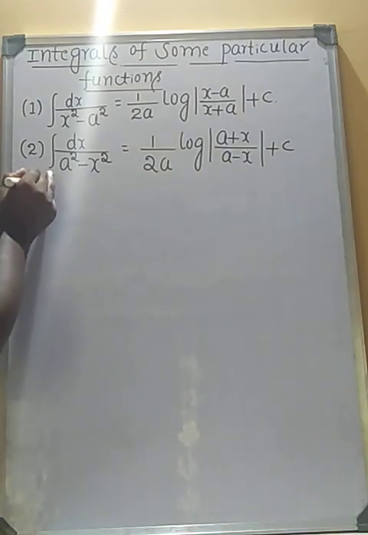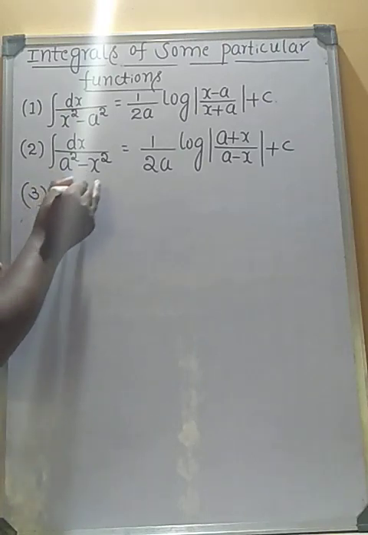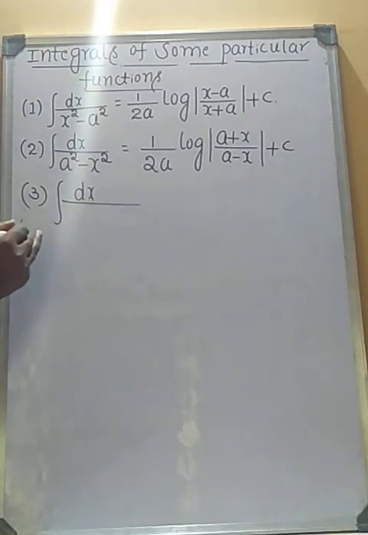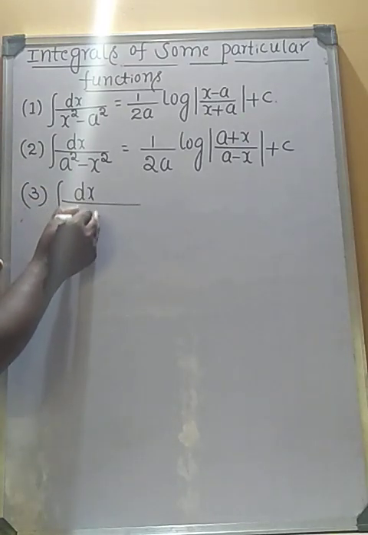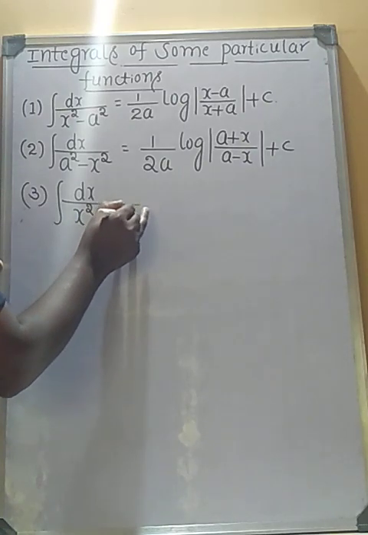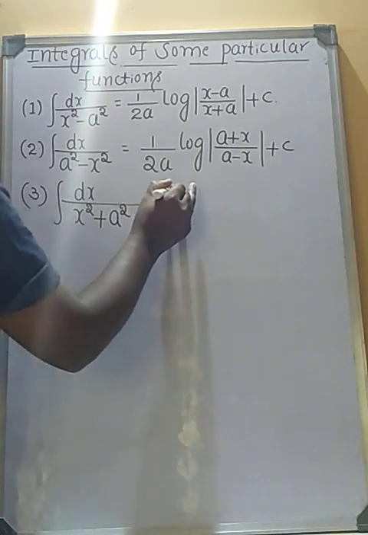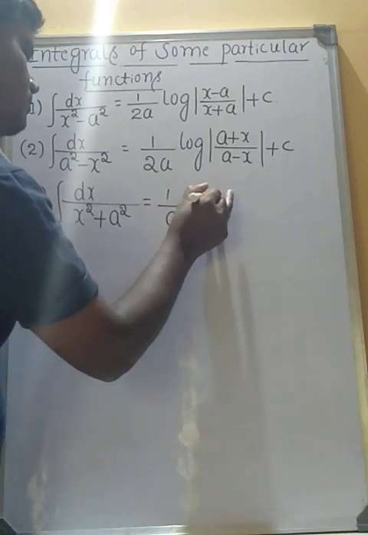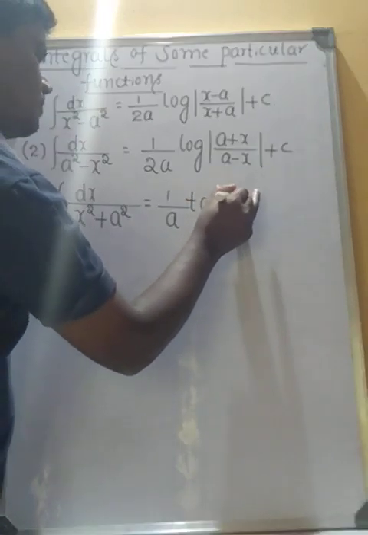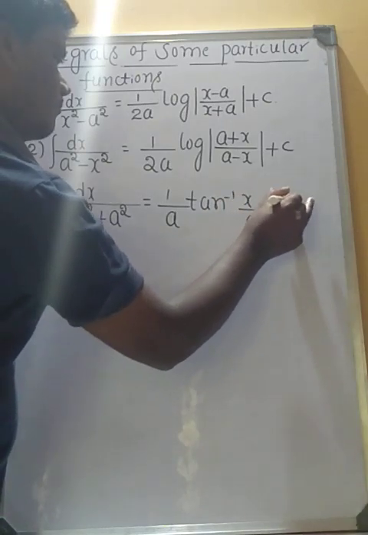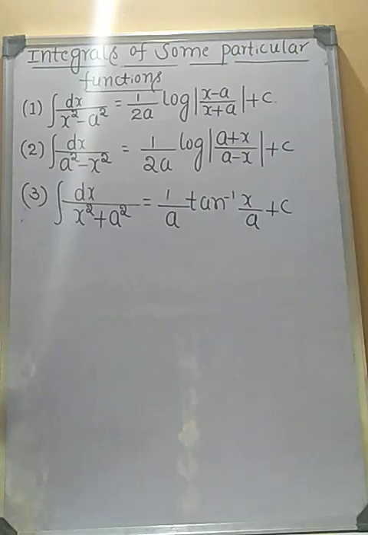Third one, integral of dx divided by x square plus a square equals 1 divided by a into tan inverse of x by a plus c.